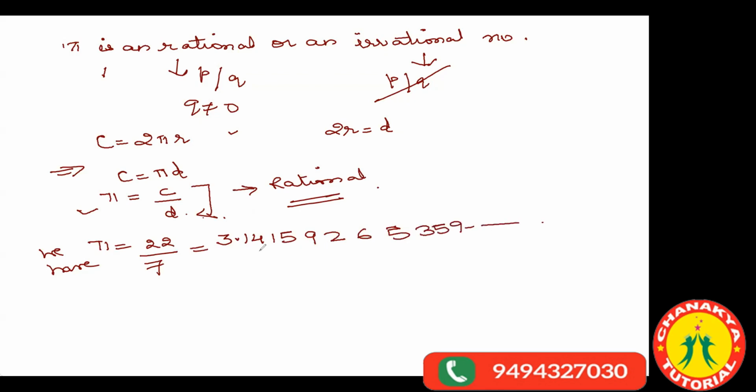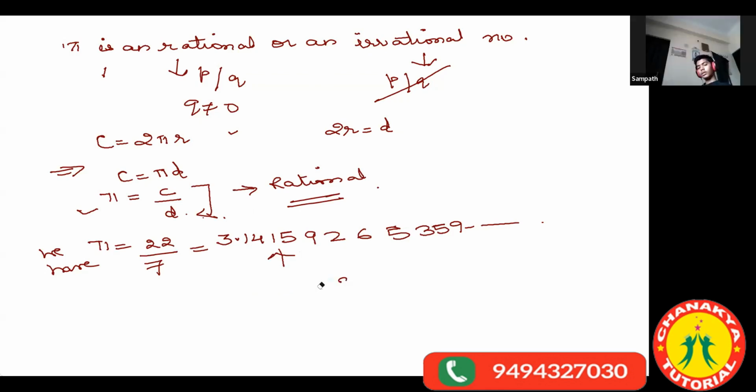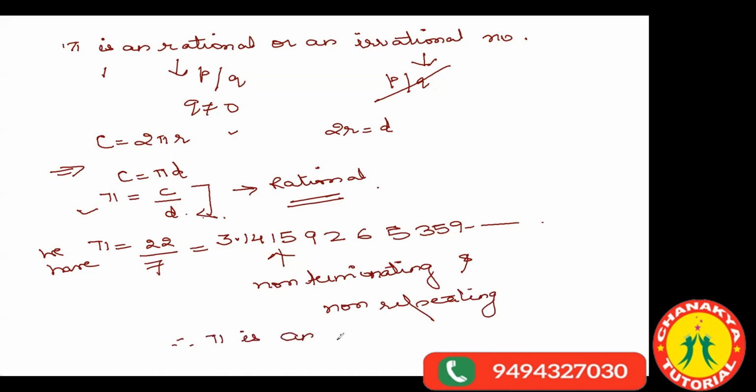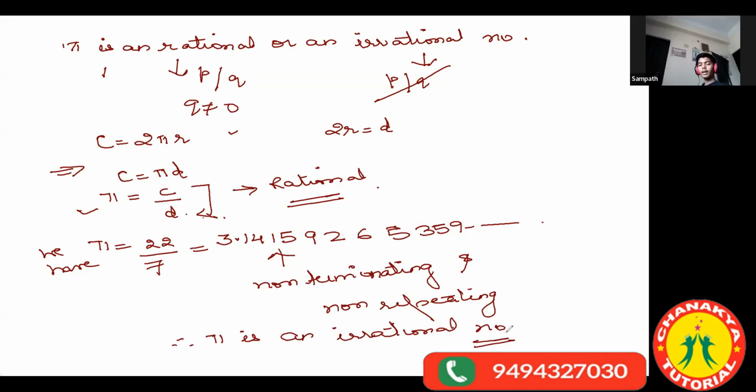Here, children, what kind of digits are these? Non-terminating and non-repeating. Therefore, pi is an irrational number. Is this thing clear to all?